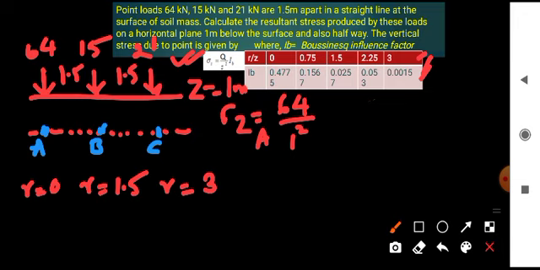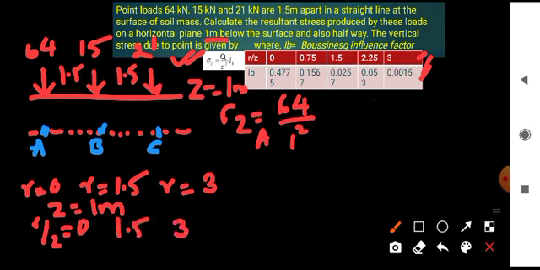So z remains the same, 1 meter, because it is mentioned that it is 1 meter below the surface. So r by z is equal to 0 for the first one, similarly 1.5 for the second, and r by z is equal to 3 for the third.